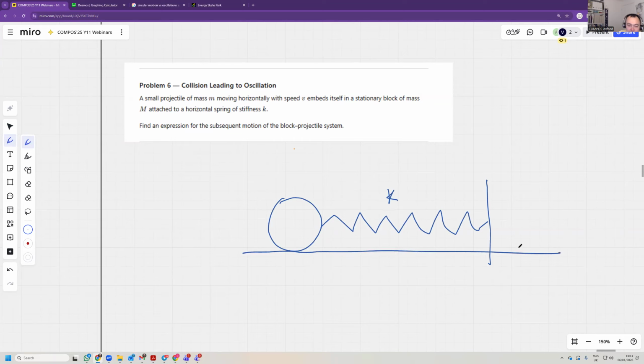There's a frictionless ground. Okay. So a small projectile, mass m, and the big mass M, it's traveling with speed v, embeds itself in a stationary block M and they start moving off together.